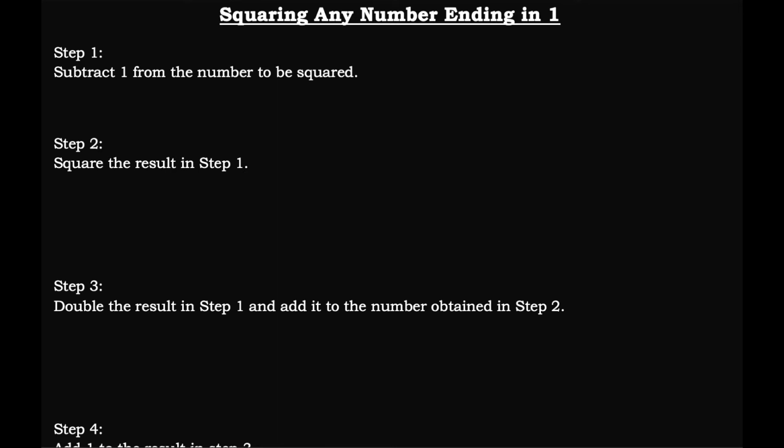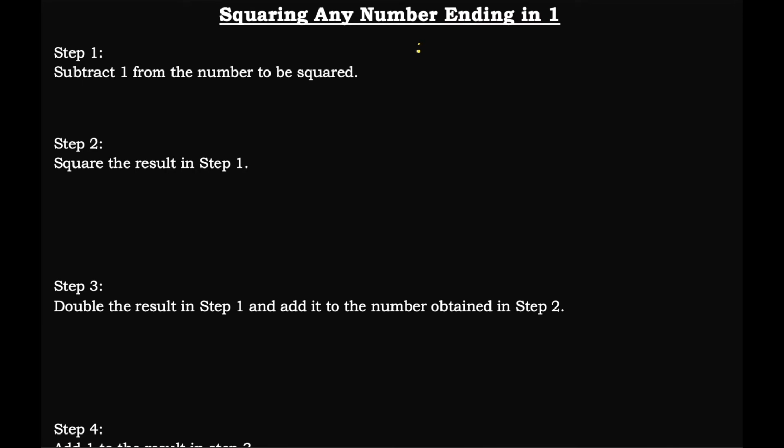So, this is composed of 3 or 4 steps before you can square that number. For example, in step 1 we subtract 1 from the number to be squared. We'll do this with an example. My number is 41.